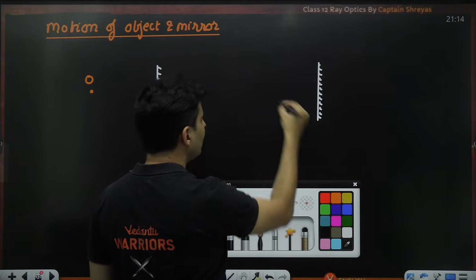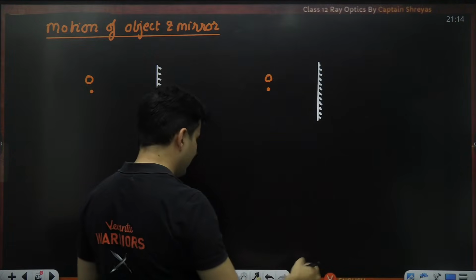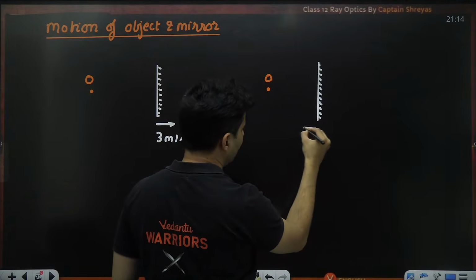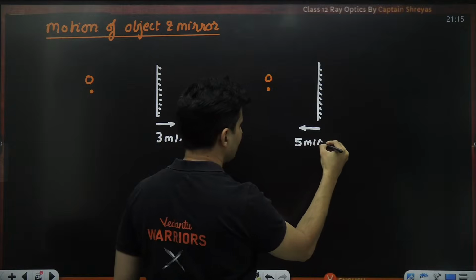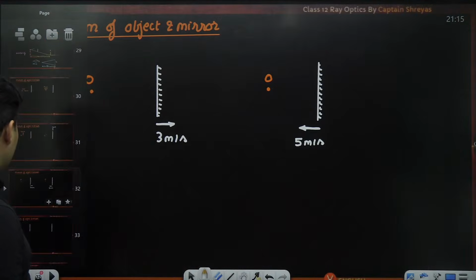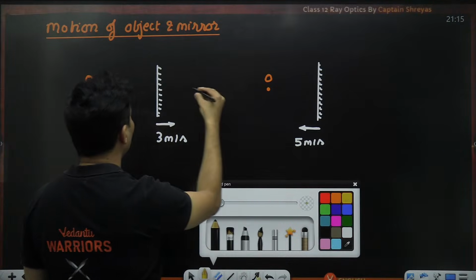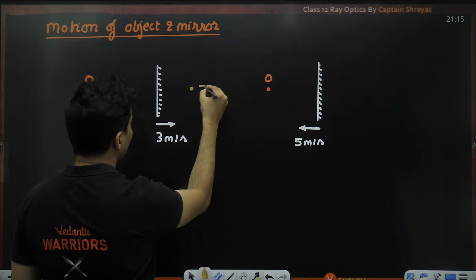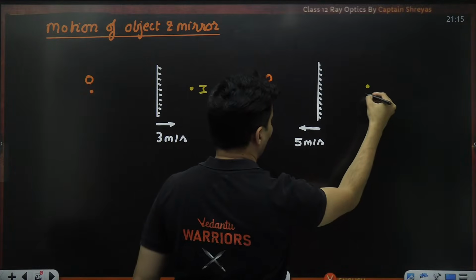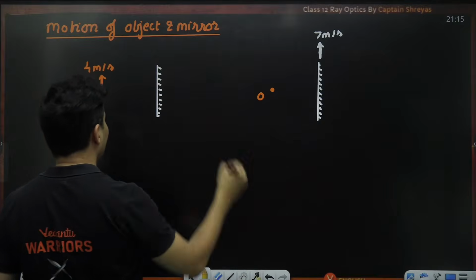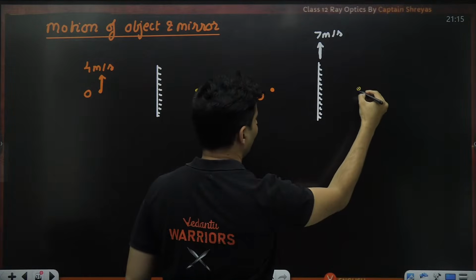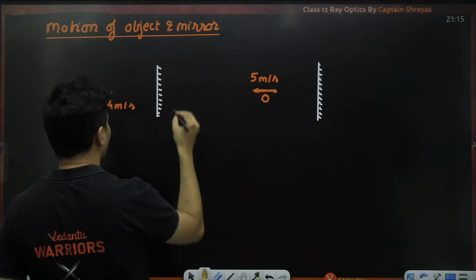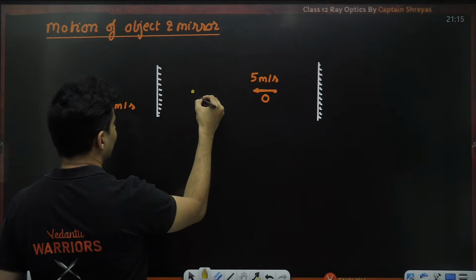And finally, there is an object over here, and this mirror is moving towards the object at 5 meters per second. In each case, I want to know what that image is going to do. I want to know where on earth is this image going to move and with what speed, if at all, it is moving. Okay, that is the question.